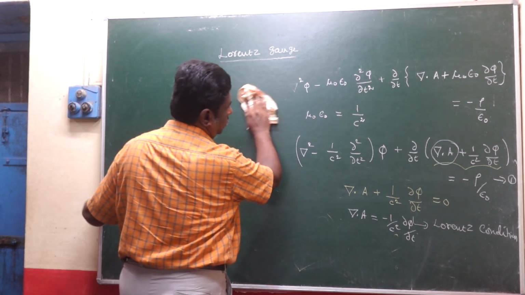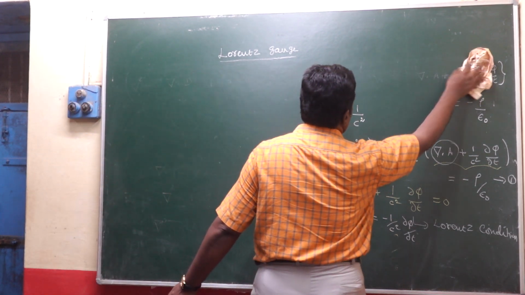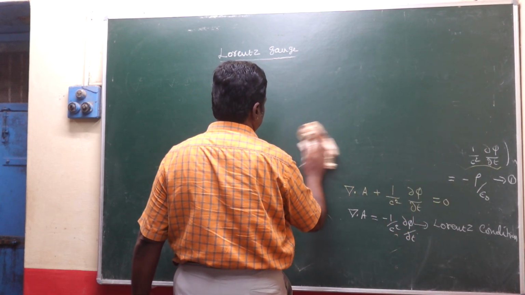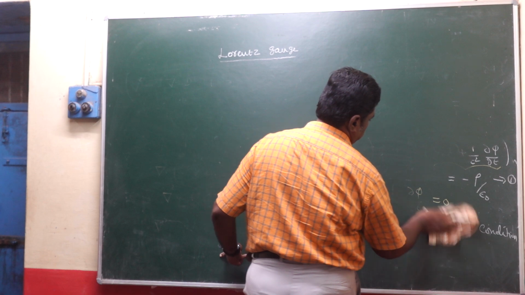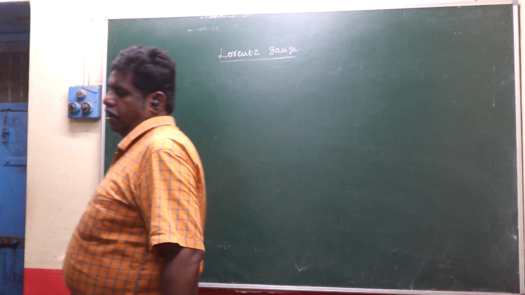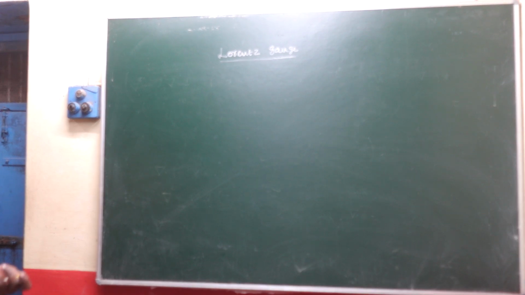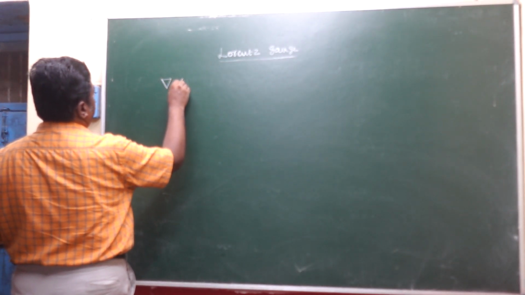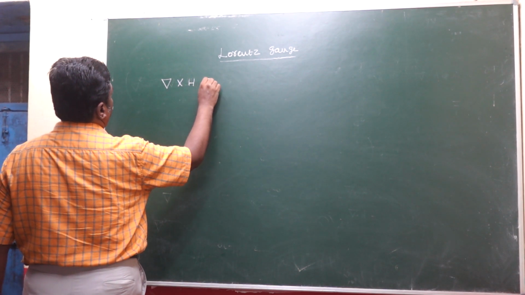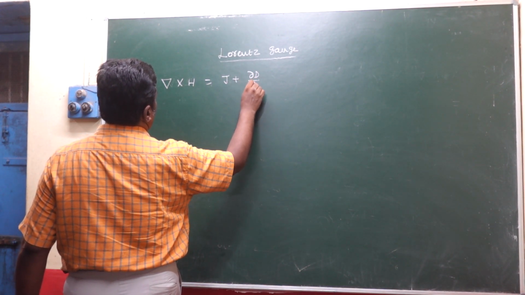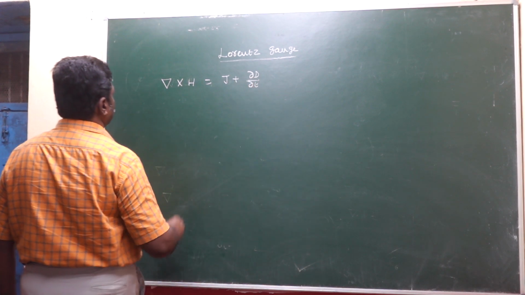For that, take our Maxwell's field equation. Curl H equal to J plus dou D by dou t. You know that del cross H equal to J plus dou D by dou t.